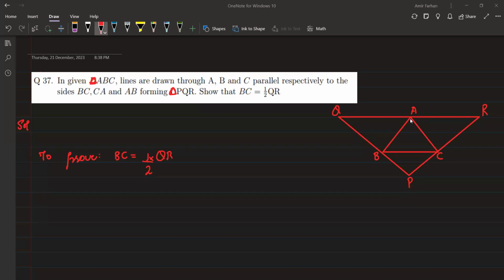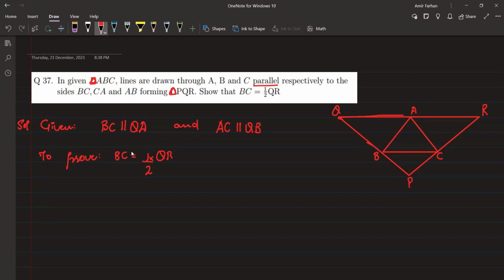So in the question, the already given part is that BC is parallel to QA, or QR basically, this whole line is parallel to this. It's given already. And AC is parallel to QB. This part, AC is parallel to QB. Yes or no? Yes, sir. Okay.